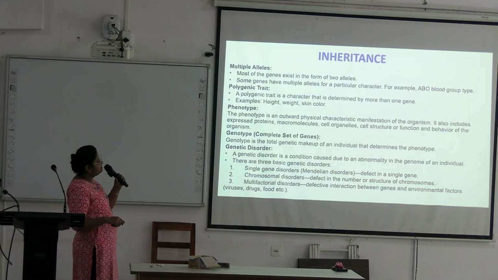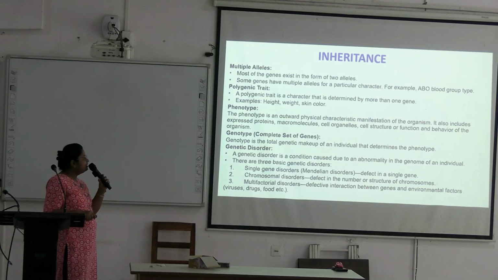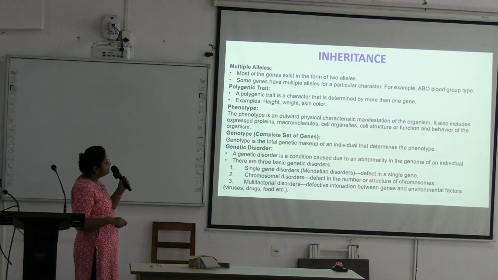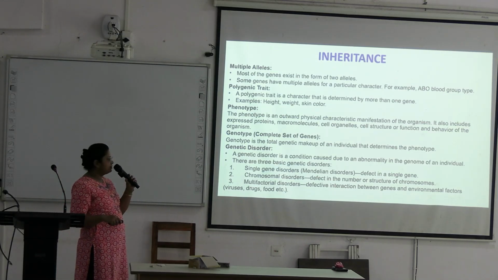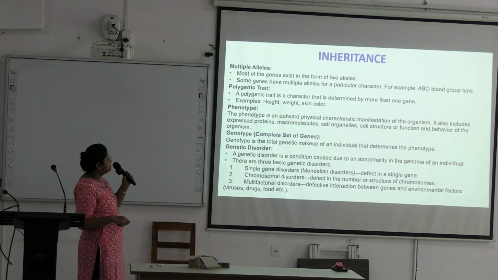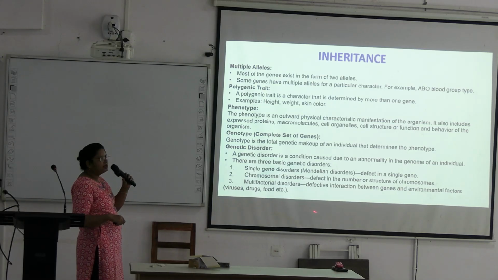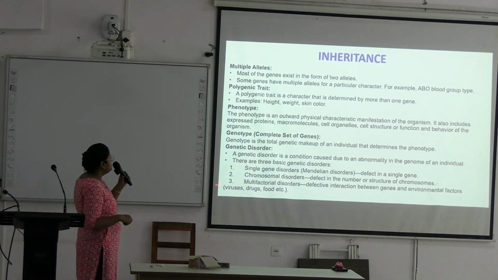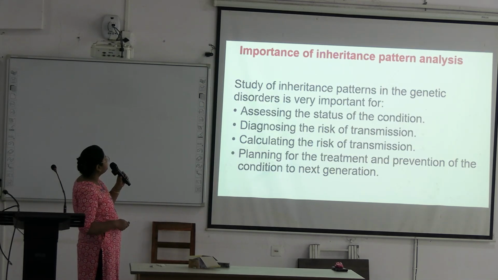There is a defect in a single gene. Chromosomal disorders, there is a defect in the number or structure of chromosomes. And multifactorial disorders, there is defective interaction between genes and environmental factors like viruses, drugs, food, etc. Okay, so these are multifactorial disorders.